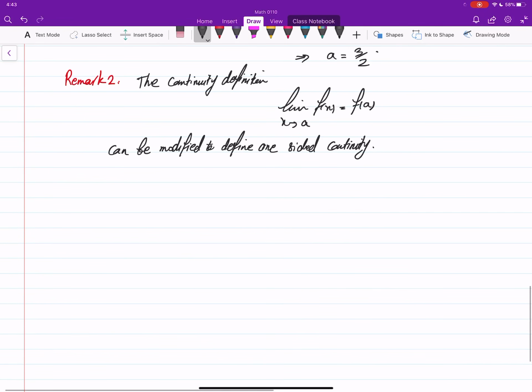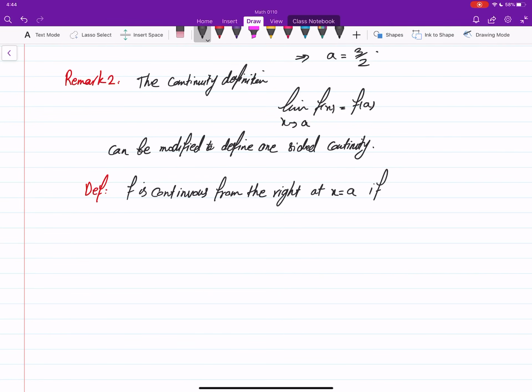What I mean by this is, okay, we can say, so this is the definition: f is continuous from the right at x equal to a if and only if the limit of the function as x goes to a plus is equal to f of a.